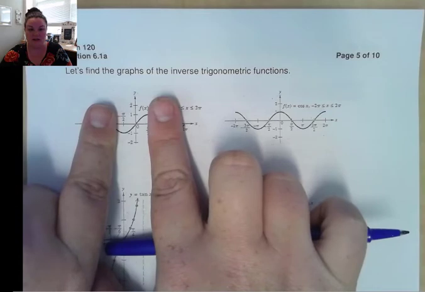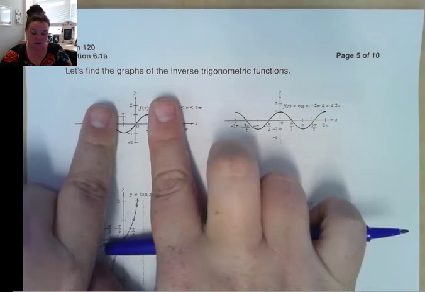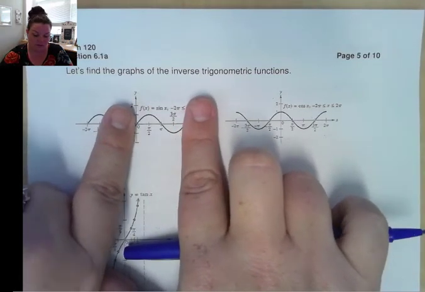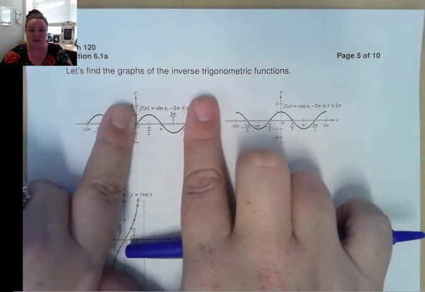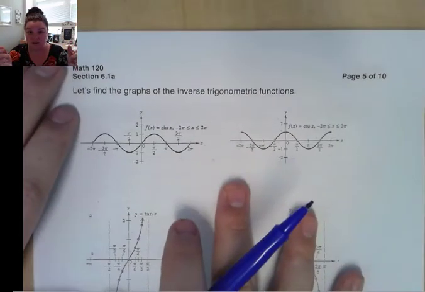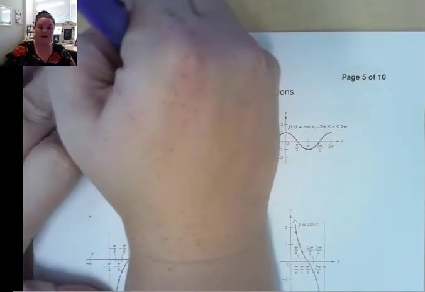I want to choose a piece where if I did the horizontal line test here, notice everything between my fingers, there's no repeating y values, right? Or if I chose to do it from here to here, there's no repeating y values. So I'm going to restrict my domain so that I don't have those issues with not passing the horizontal line test. So let's just write up here our goal.